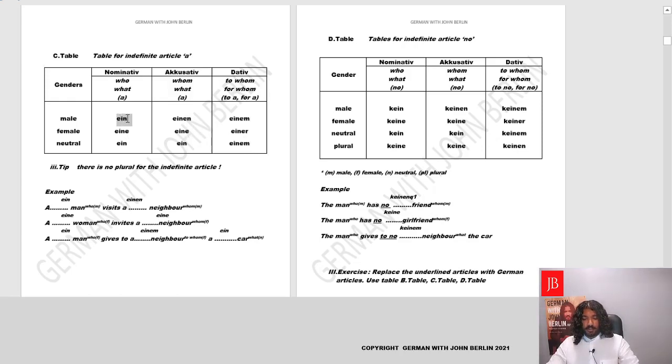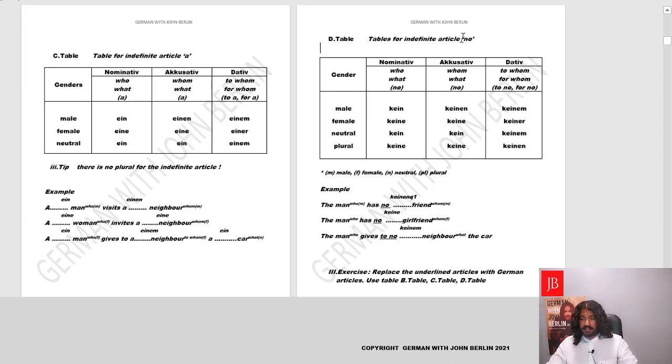Only the masculine and neutral nominative and the neutral accusative don't have the endings of the definite article, but other than that, they all have the endings of definite article. And indefinite article does not have a plural, so we wouldn't bother, because you cannot say anything in plural with a. A as an indefinite article is always singular. Yes? Fantastic.